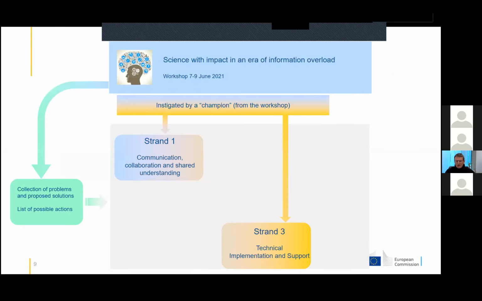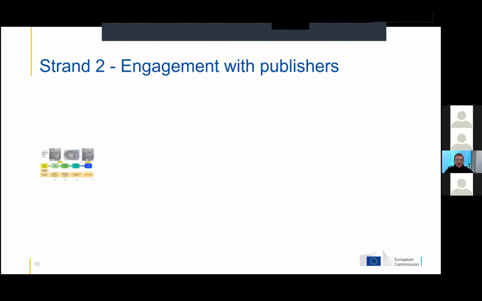So, and now let's have a look at the middle strand, strand 2, which is engagement with publishers. We see that as a follow-up of this workshop, as a thing that is in the middle between the more communicative collaboration, shared understanding strand and the purely technical strand. The engagement with publishers, which this workshop is all about, can be seen as a bridge between these two. So what happens when you have formed your AOP?